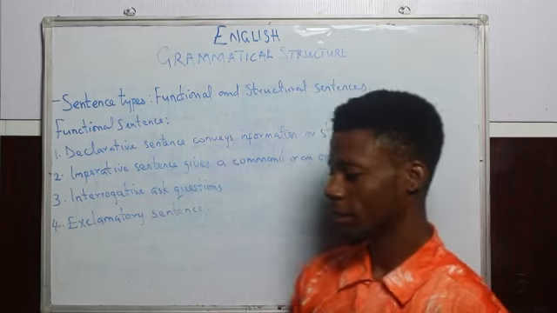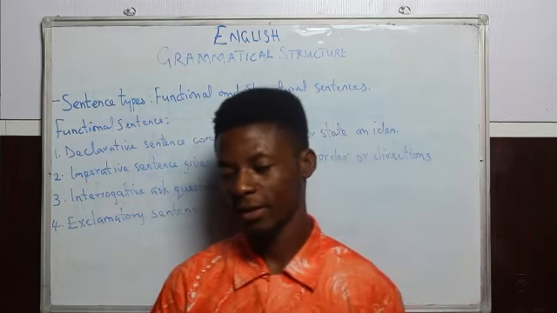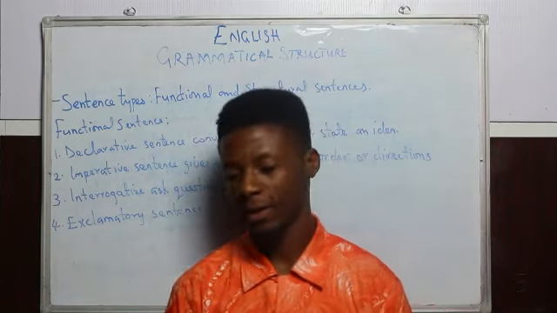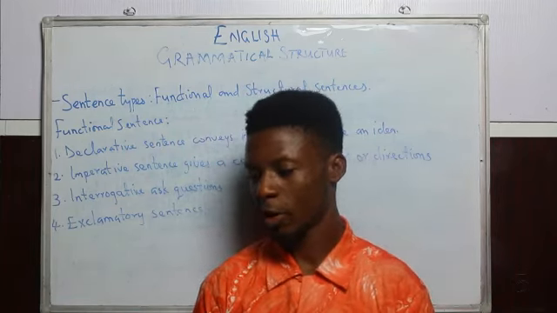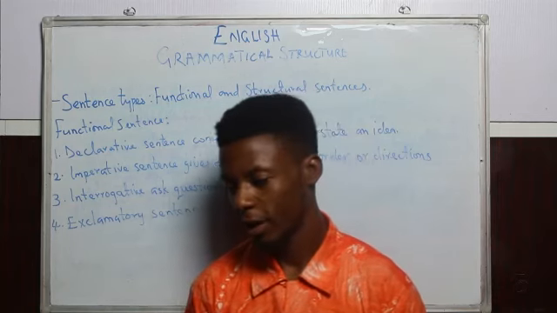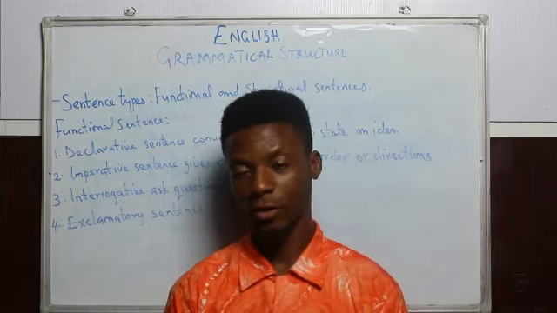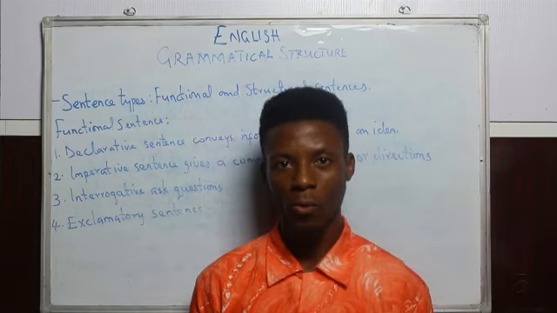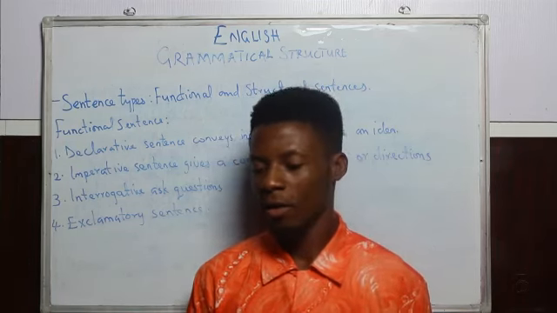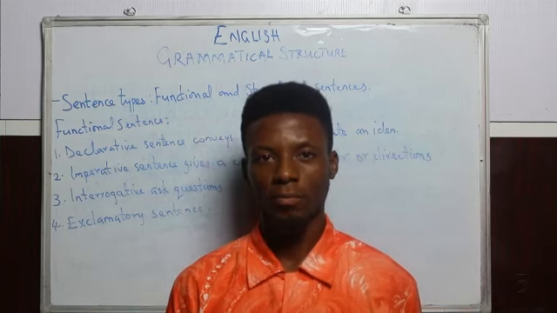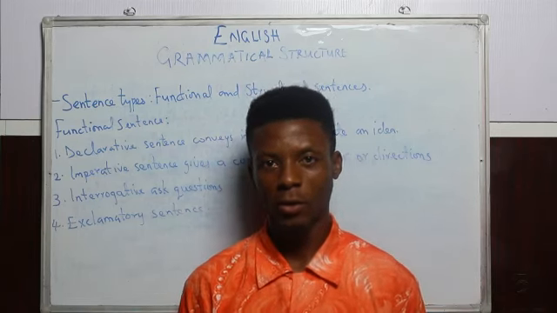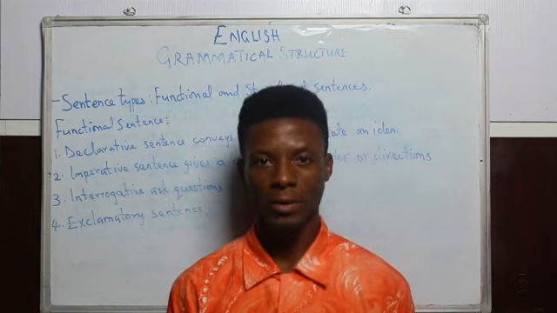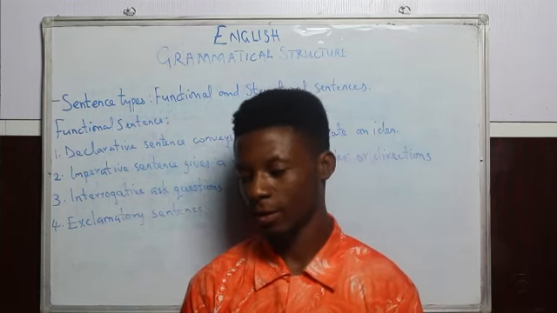Exclamatory sentences, these are expressions that show strong feelings. Exclamations may occur as interjections such as, oh, wow, really? These are signs of either joy or surprise, and at times could be disappointment, a feeling of disappointment.